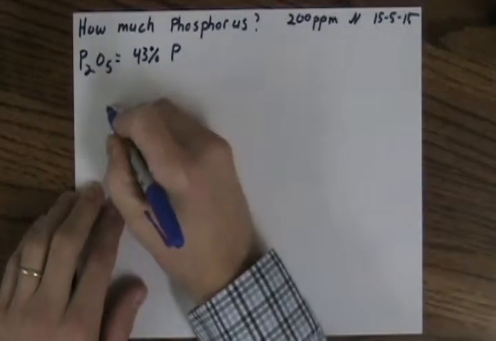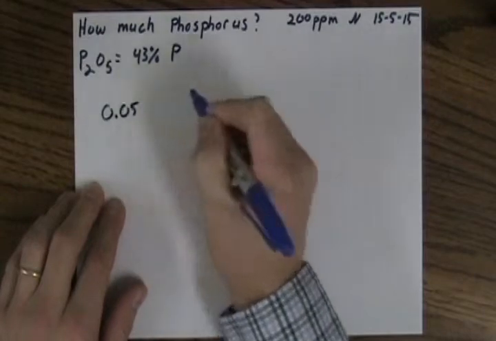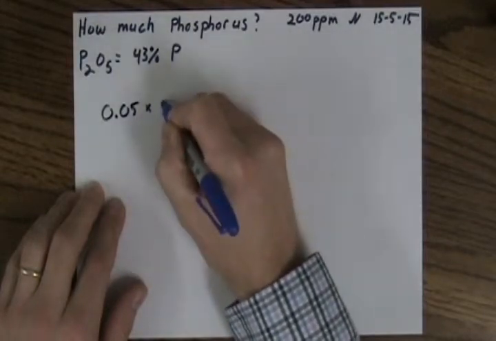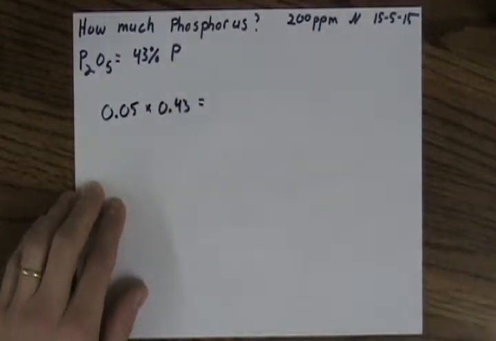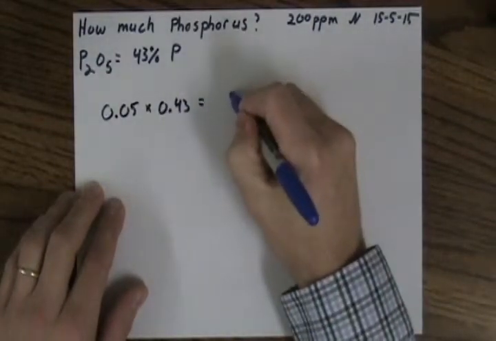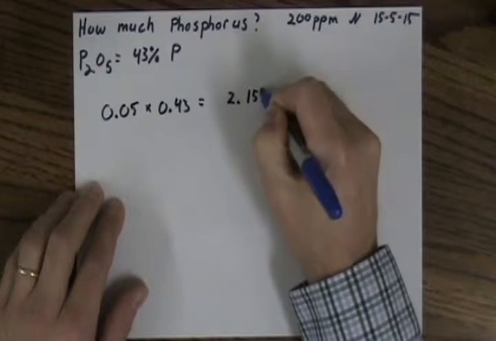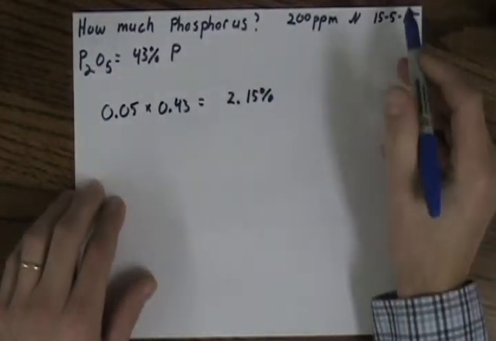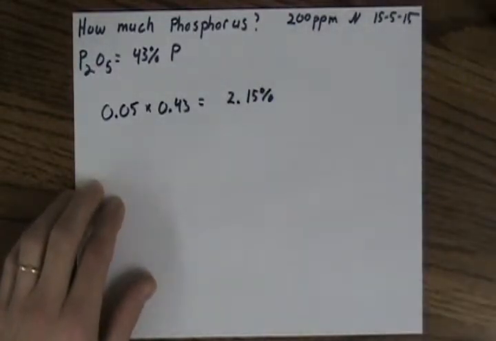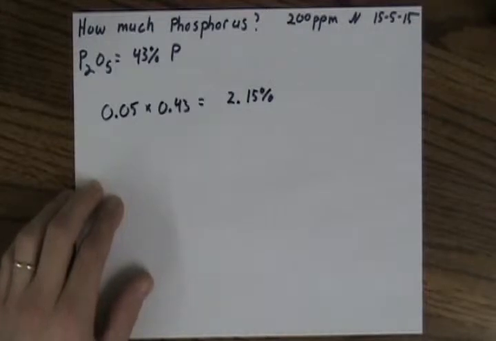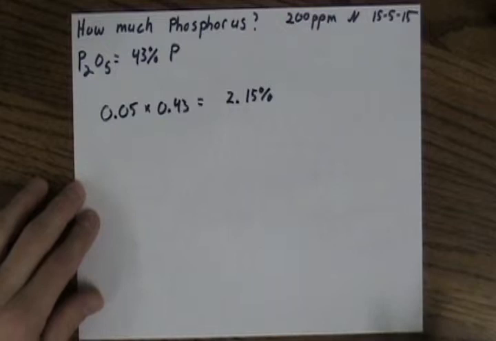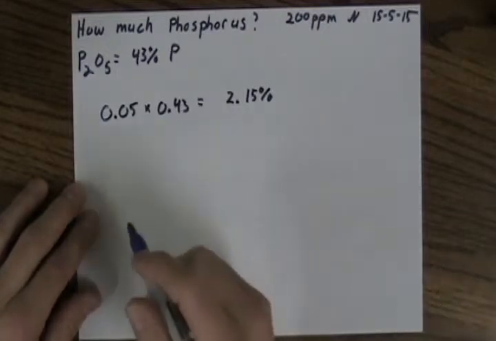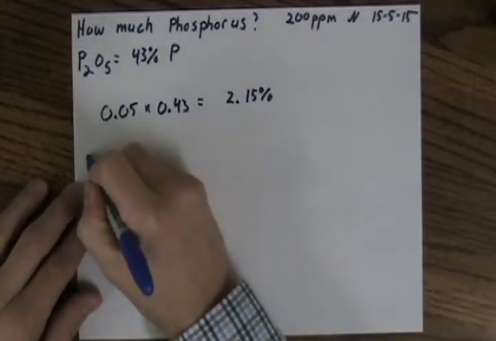So we take 0.05 and multiply it by the 0.43 or 43%, and we get 2.15% of this 15-5-15 is actual phosphorus.